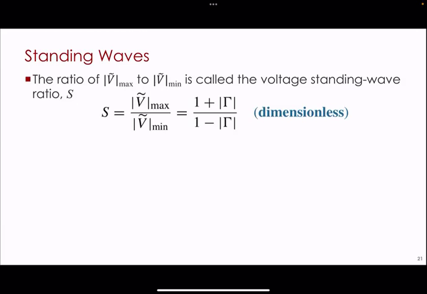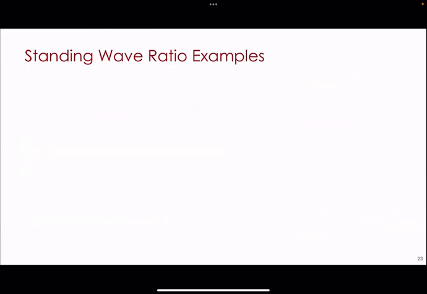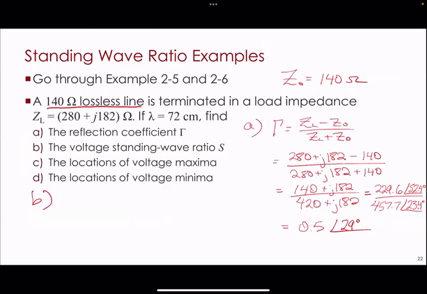So the magnitude of gamma is just 0.5. So we just have S equals 1 plus magnitude of gamma over 1 minus magnitude of gamma. 1 plus 0.5 divided by 1 minus 0.5. So that's 1.5 divided by 0.5. So that's 3.